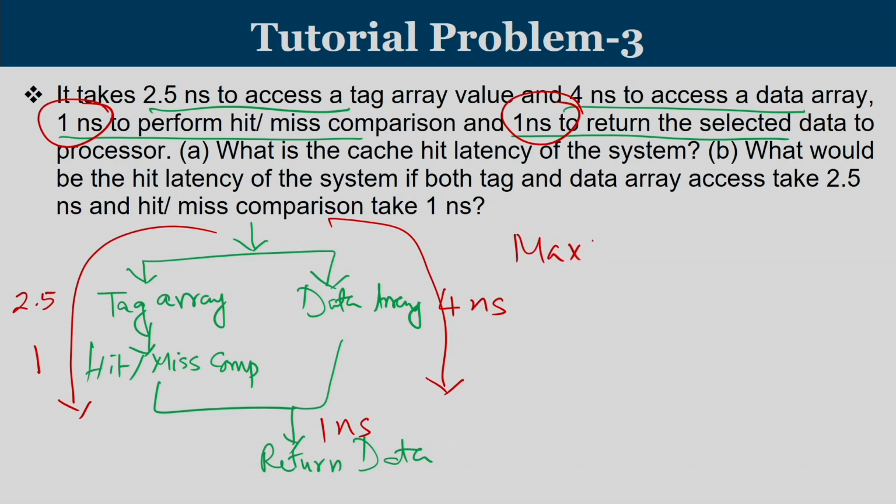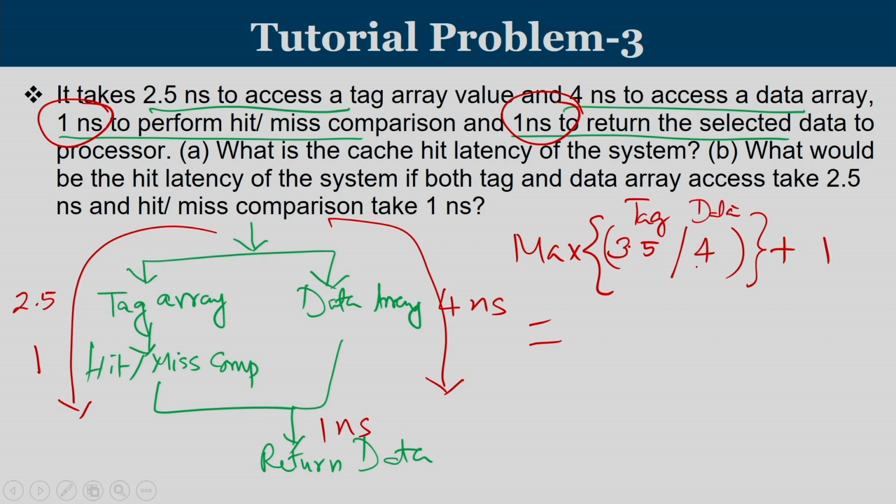So, the maximum of these two, 3.5 or 4, plus the time required to return the data. In this case, the data is dominating. So, it is basically 4 plus 1, 5 nanoseconds, which is the cache hit latency. So, the answer to part A of the question is 5 nanoseconds.